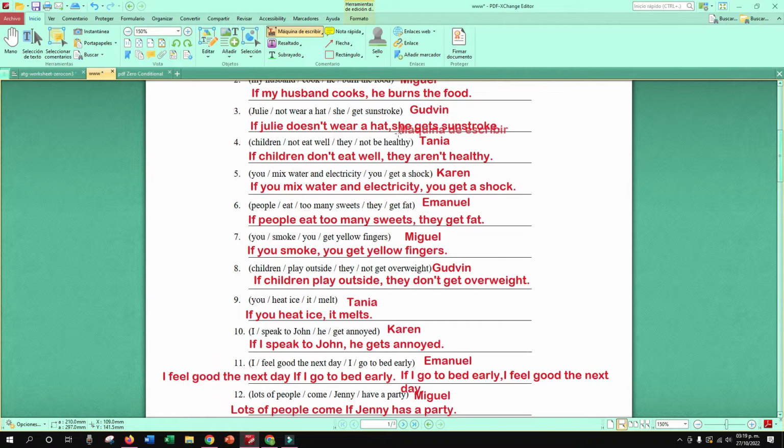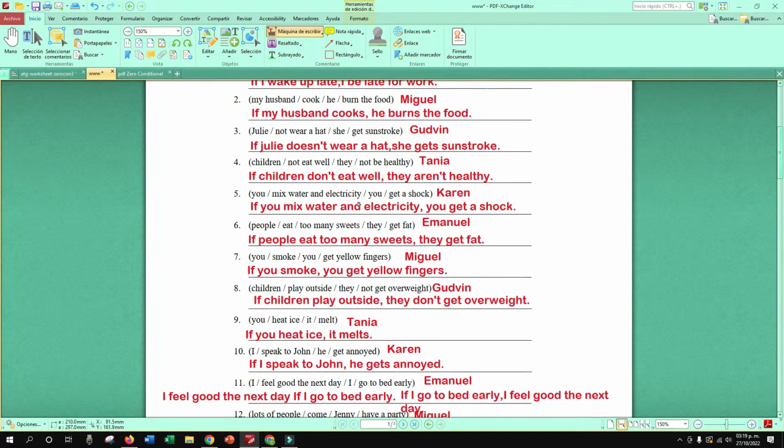So, there you have them. Just try to check. I guess the zero conditional is very easy. Then we're going to study the first conditional, and there we are going to use another tense, right? But in this case, we're using only simple present, right? You just need to pay attention with the third persons, right?